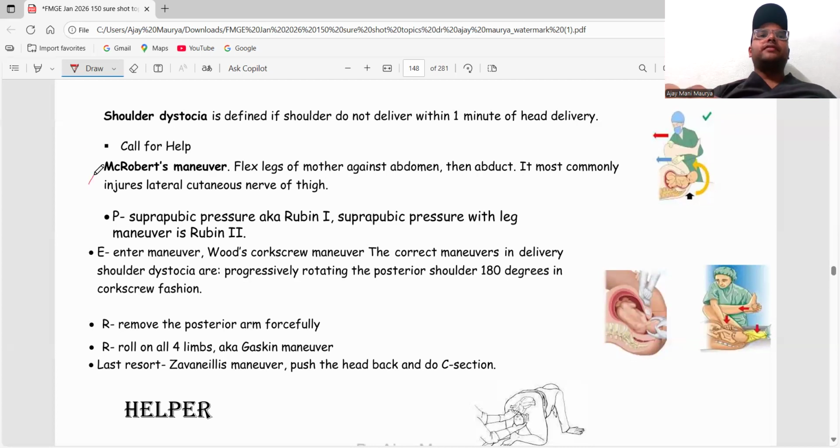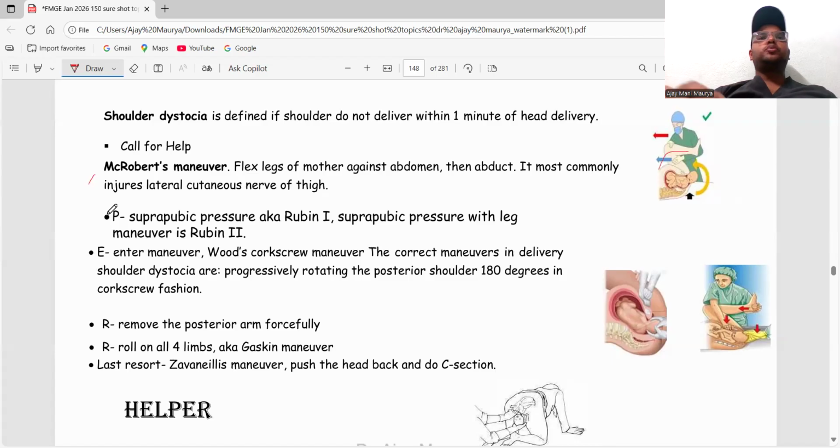The first maneuver is the McRoberts maneuver. You flex the legs of the mother against the abdomen, then abduct. While doing this, the most common injury is to the lateral cutaneous nerve of the thigh. Then you have to do the next step.